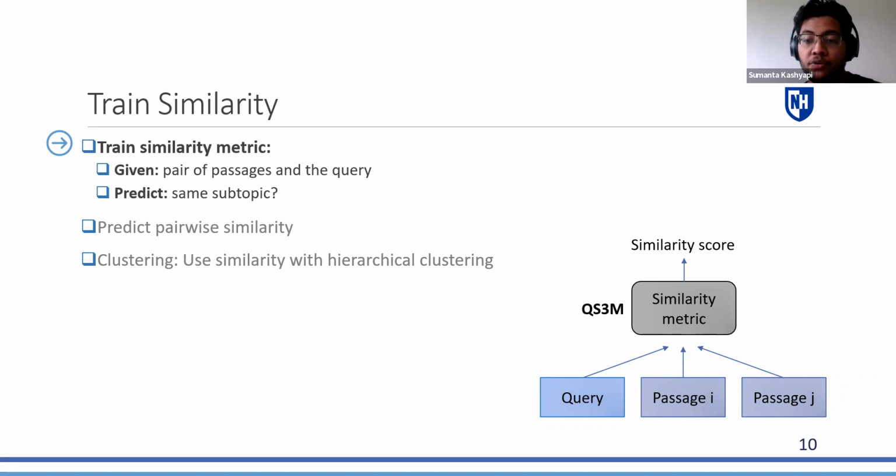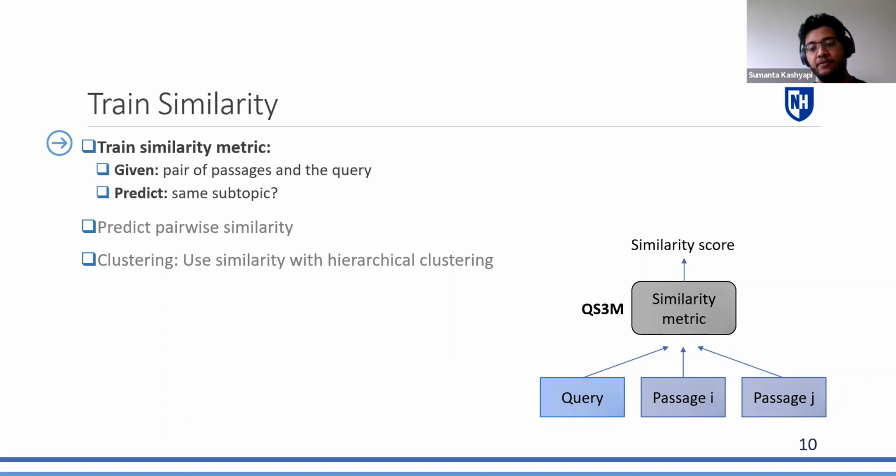Now, by including the query in the trained similarity metric, we model the query-specific subtopic similarity metric. The model is implemented using neural networks and referred to as the query-specific Siamese similarity model, or QS3M in short.